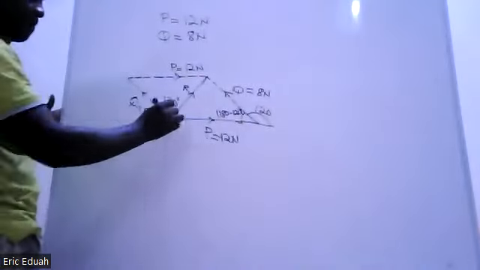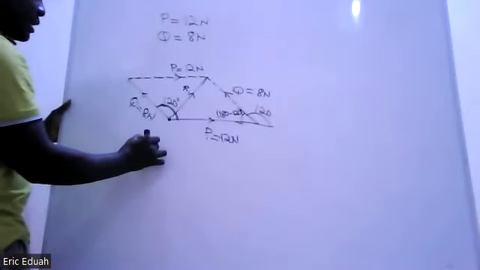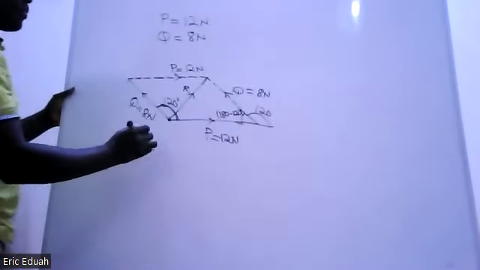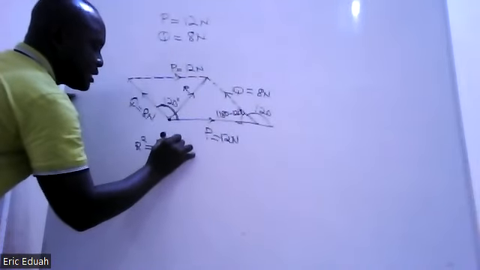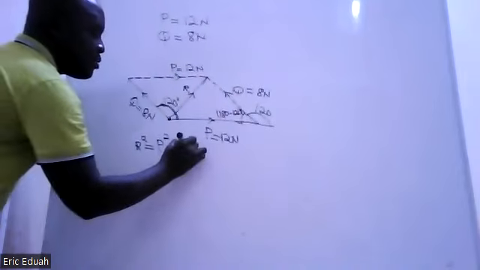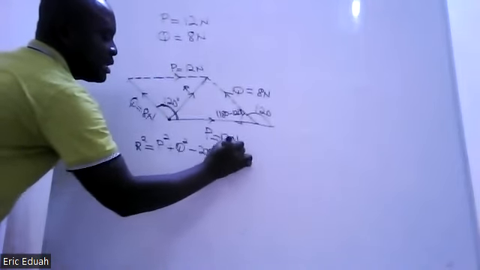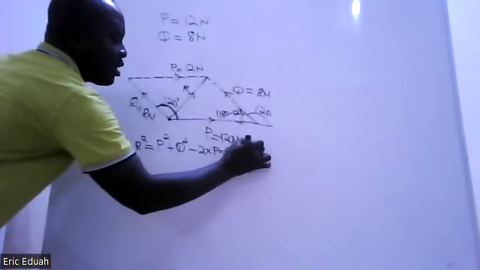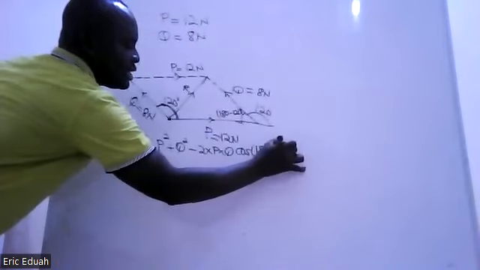Okay, so the resultant square is equal to P squared plus Q squared minus 2 times P times Q times cos of 180 minus 120.